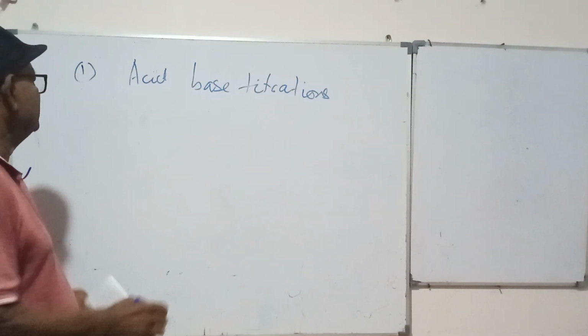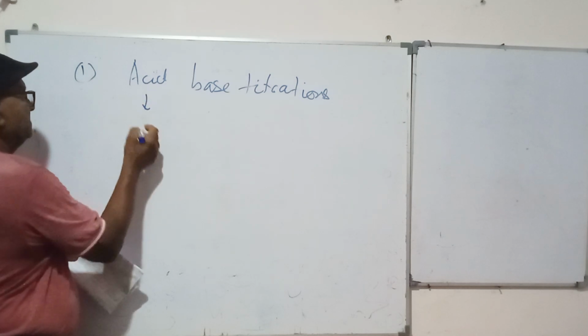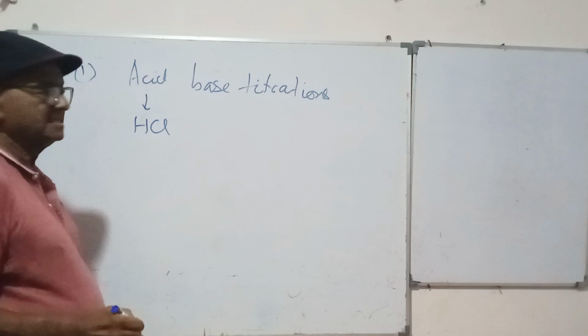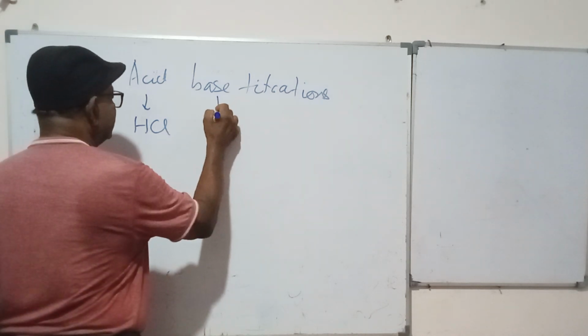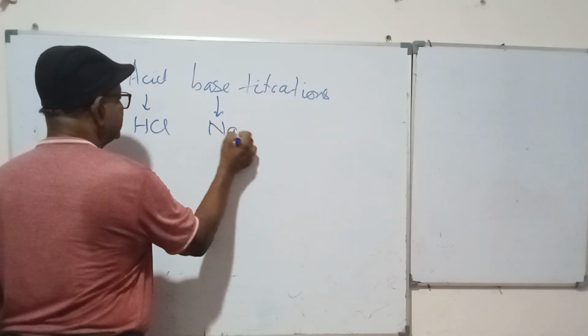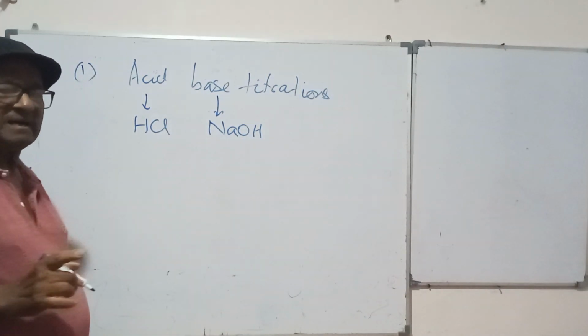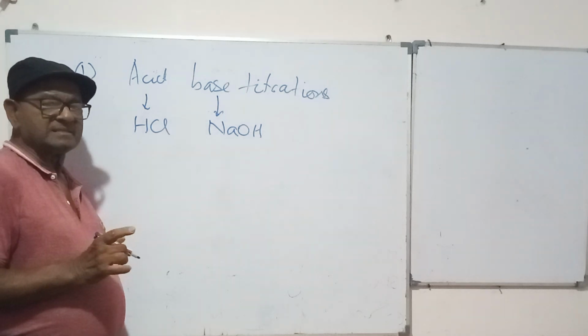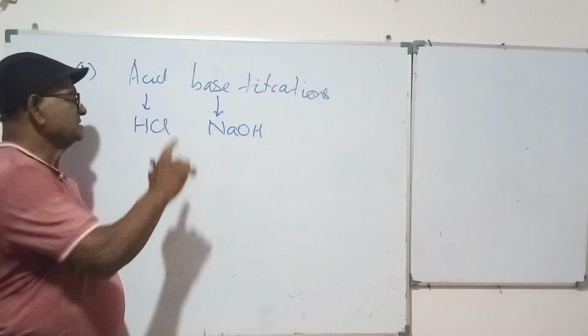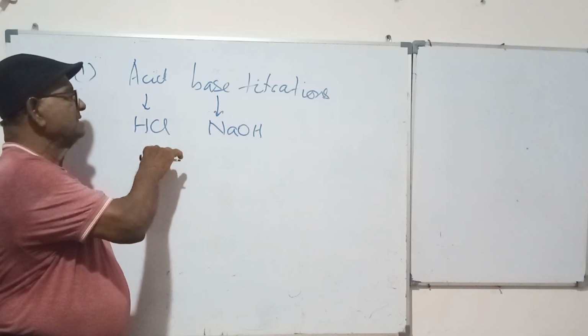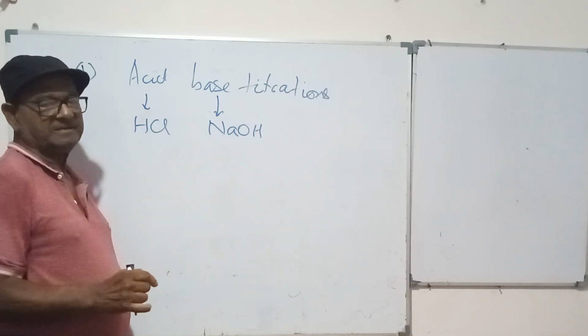As an example, the acid can be taken as HCl, hydrochloric acid. The base can be taken as sodium hydroxide, NaOH. So there we explained a strong acid and a strong base. So this is a strong acid, strong base titration.